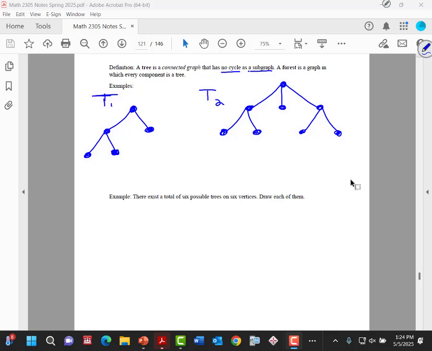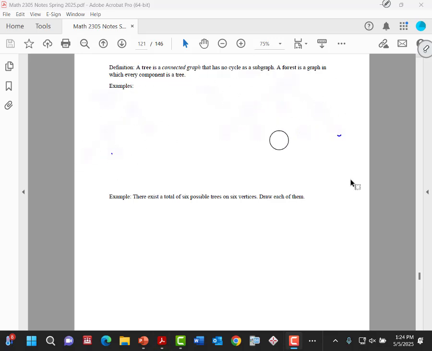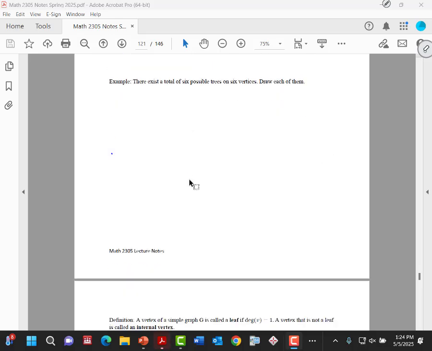There is no way to cycle from one vertex, I'll just call this perhaps V1, back to V1. So let's use that and explore this next example right here.